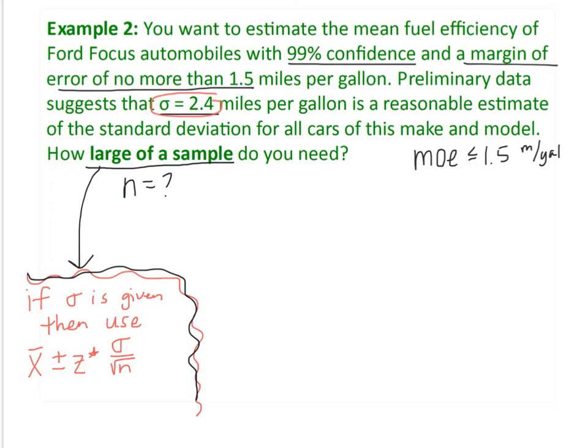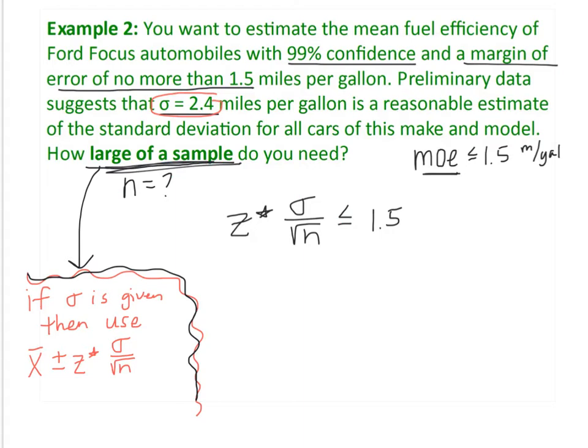If I want to find how large of a sample I need, I'm going to set my margin of error, which we know is z star times sigma over the square root of n, less than or equal to 1.5. It wanted a margin of error of no more than 1.5, so this entire margin of error piece has to be less than or equal to 1.5.